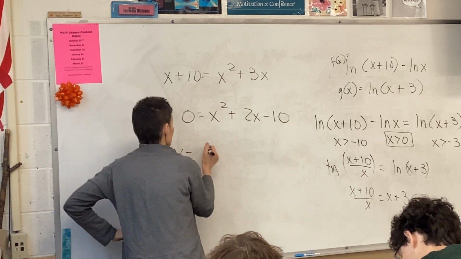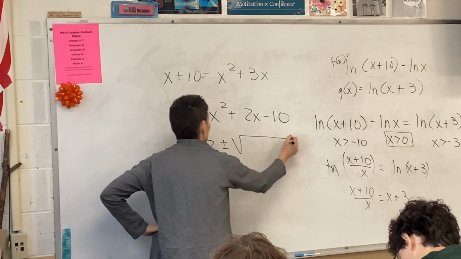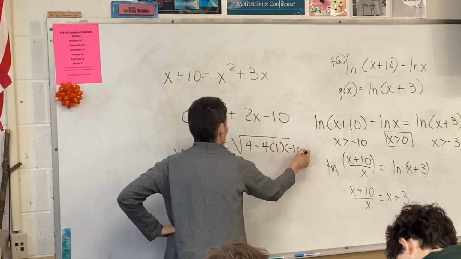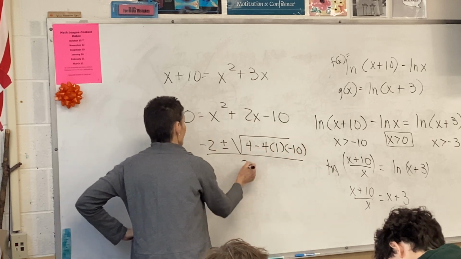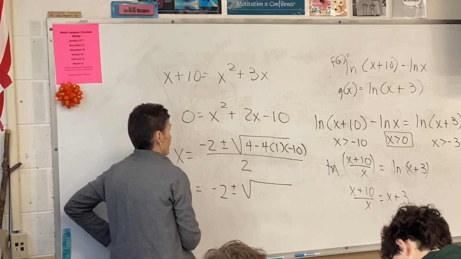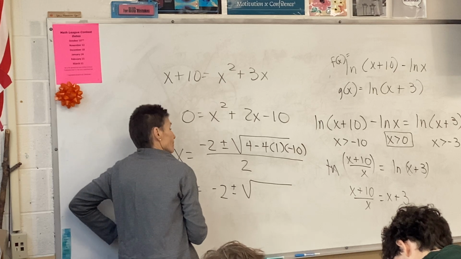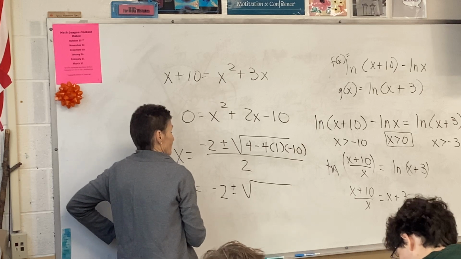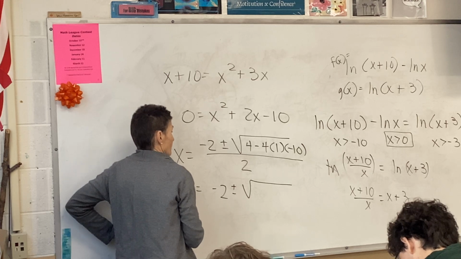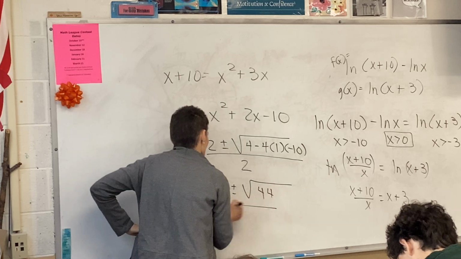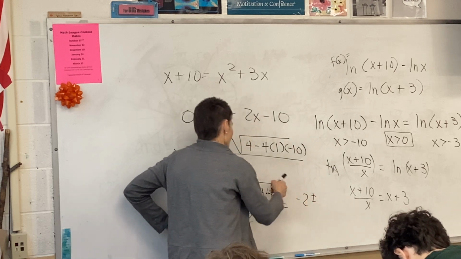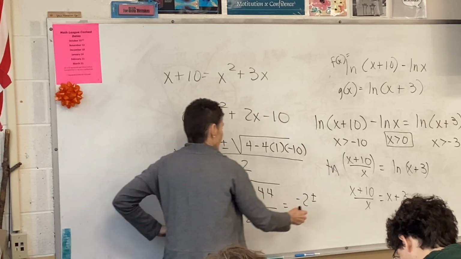So x equals negative b plus or minus the square root of b squared minus 4ac, all over 2a. What is that? Is that 44? Which is 2 root 11.